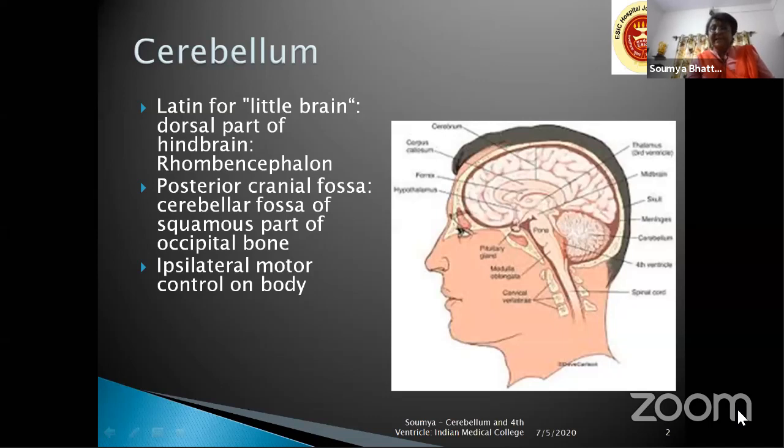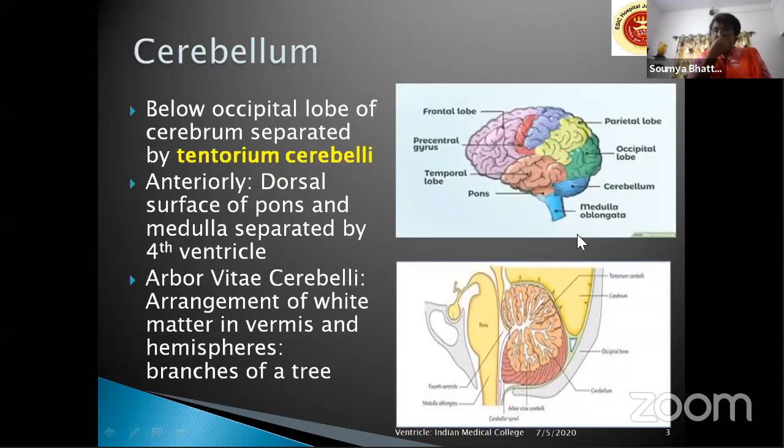Going to the next slide. So therefore, my dear students, you can see that the cerebellum is located in the hindbrain part. Now, if we concentrate on the diagram above on the right hand side, it is a very bright, colorful diagram. Look at the green aspect.